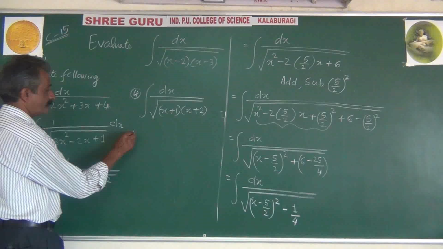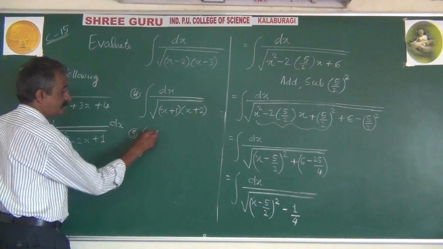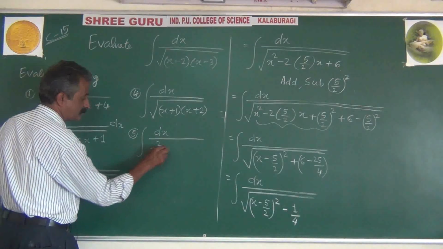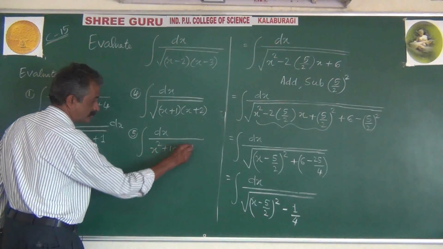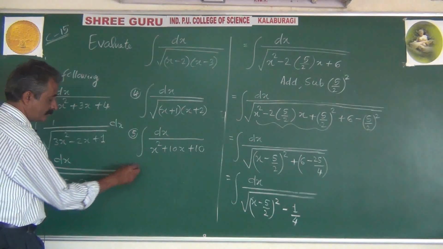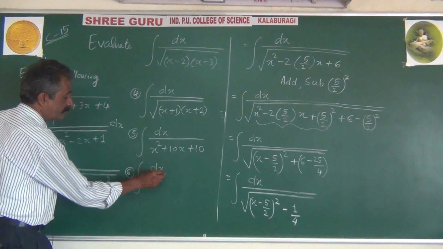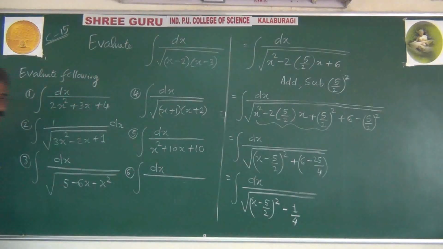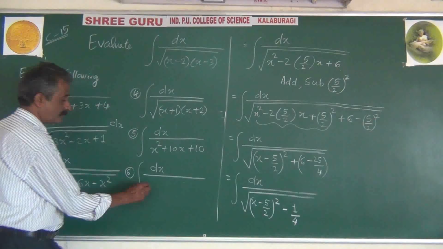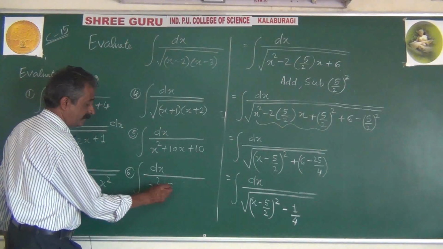Fifth one, integration dx divided by x square plus 10x plus 10. Lastly, sixth one, integration dx divided by x square minus 8x.